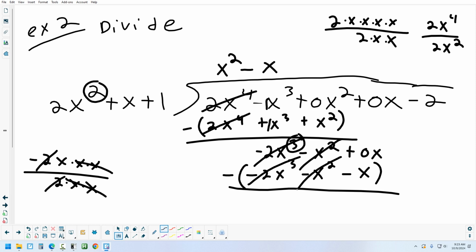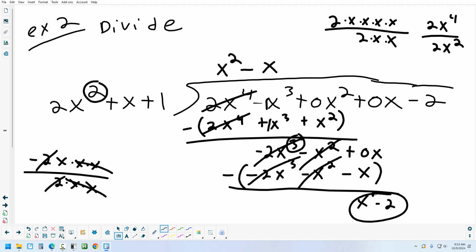What's 0x minus negative x? x. Now we bring down the next term. What's the exponent on the x on the inside? It's a 1. And on the outside it's a 2, so now we're done, because you can't divide what's on the outside into the inside. There's not enough x's left, so that'll be the remainder.